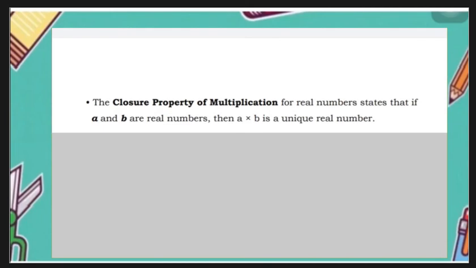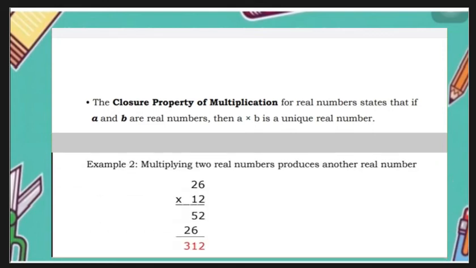We also have the closure property of multiplication for real numbers. It states that if A and B are real numbers, then A times B is a unique real number. For example, multiplying two real numbers produces another real number.